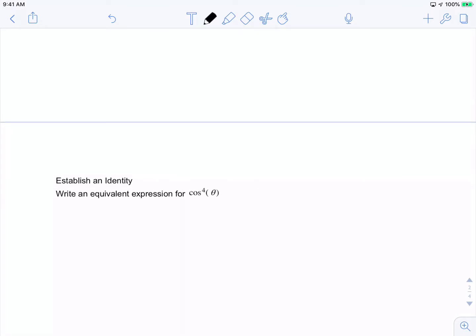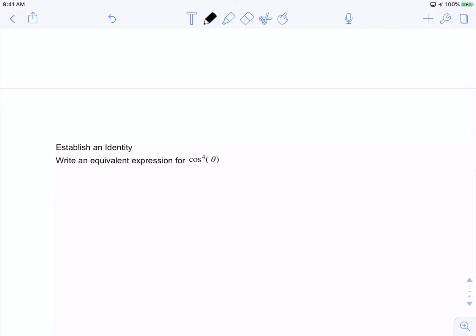And here we go with this example. This is going to be cosine to the 4th, so we should rewrite that as cosine squared theta, squared, because since we want to use the reduction, we want to use something in terms of cosine squared.